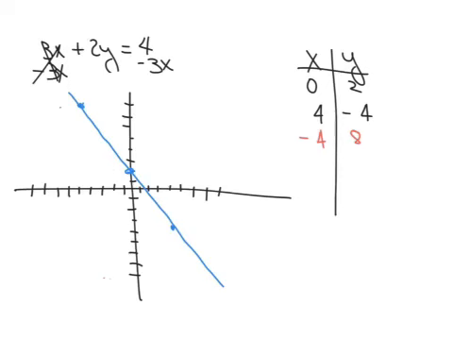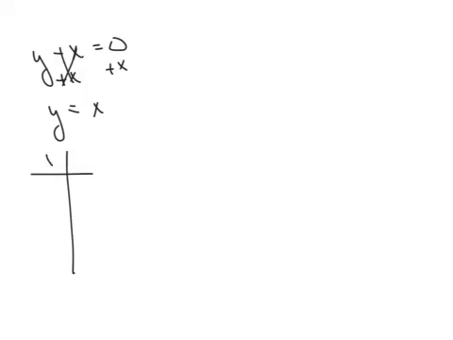Let's do one more, and we'll call it good then as far as practicing this. So if I have y minus x equals 0, I want to solve for y. So I'm going to add x to both sides. So y equals, because those go away, 0 plus x, or just x. Alright, so now I'm going to make my little table. When x is 3, what's y?